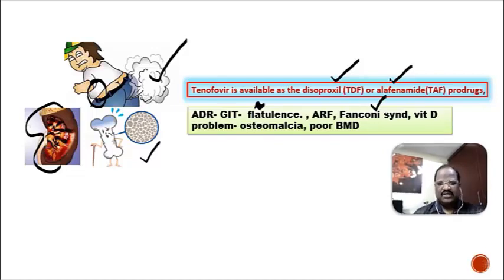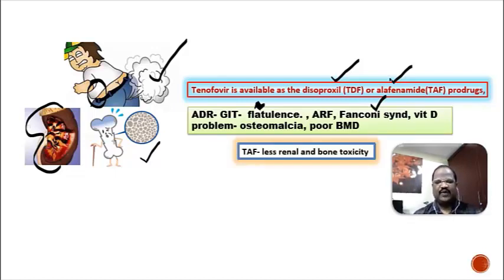So the bone problem and kidney problem are less with tenofovir alafenamide. That's the advantage of tenofovir alafenamide. This point is very important. In comparison with tenofovir disoproxil, tenofovir alafenamide is very good in the sense it has less risk of renal and bone toxicity.